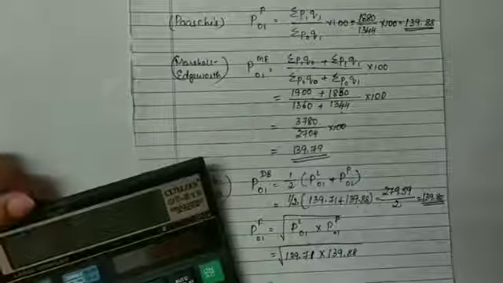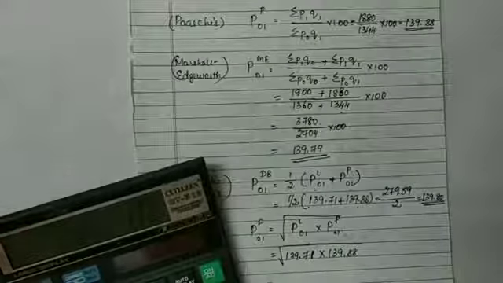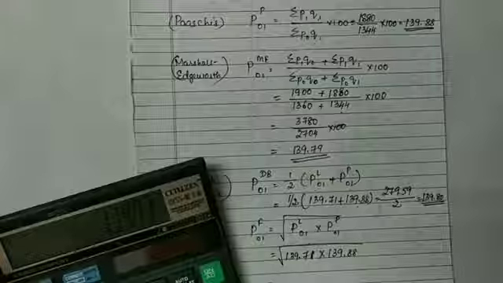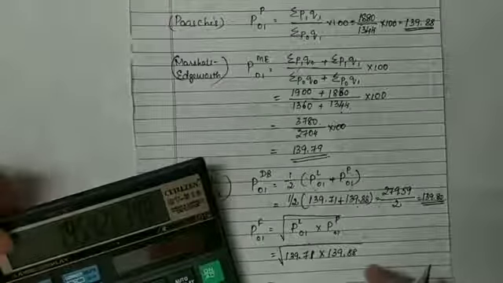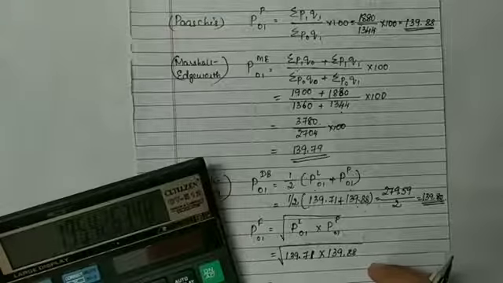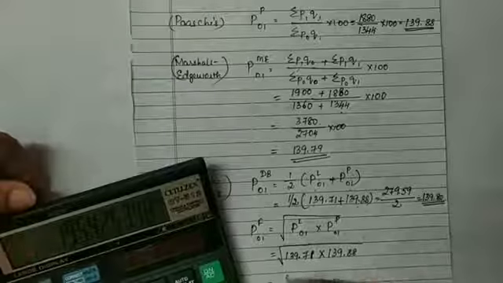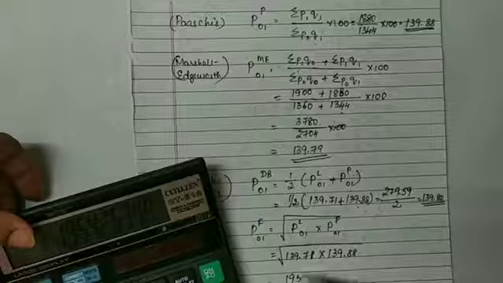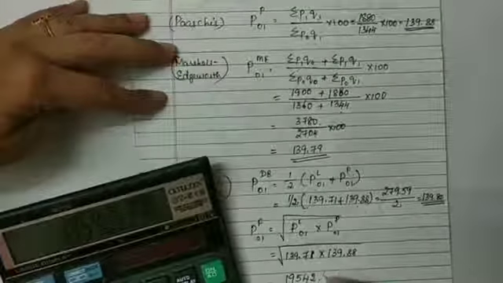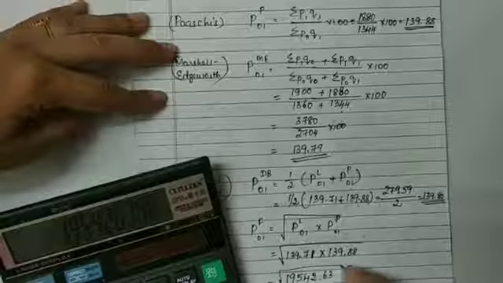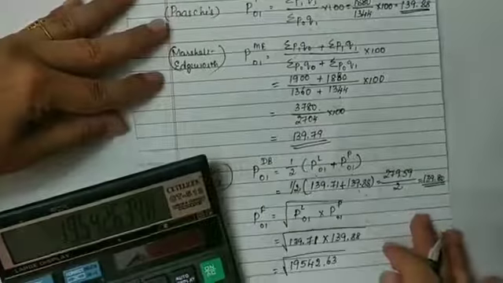So 139.71 into 139.88 is about 19,543, and we take its square root.